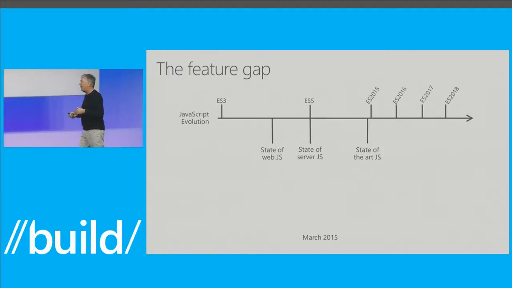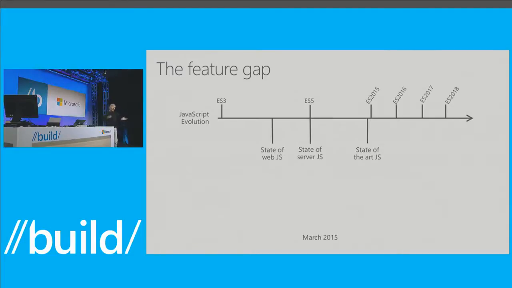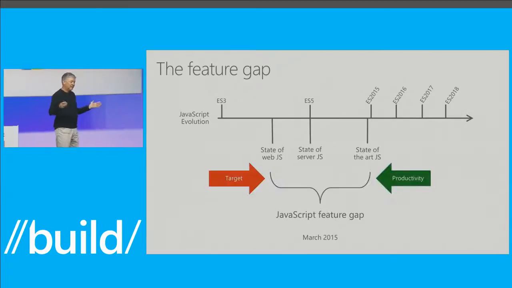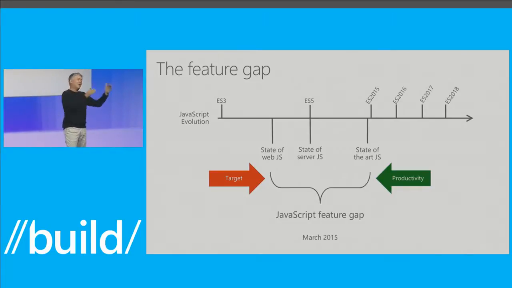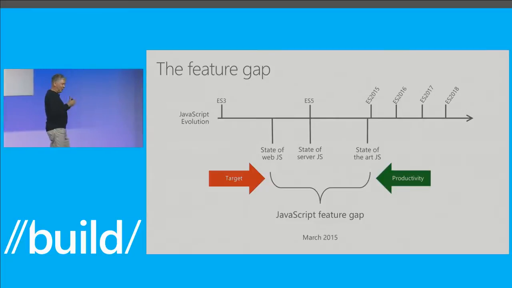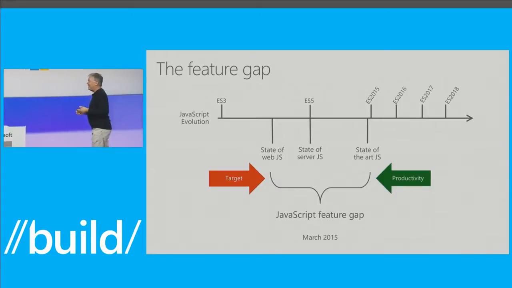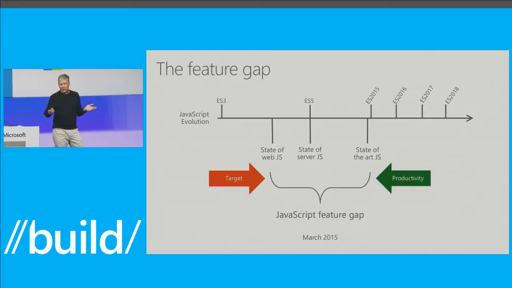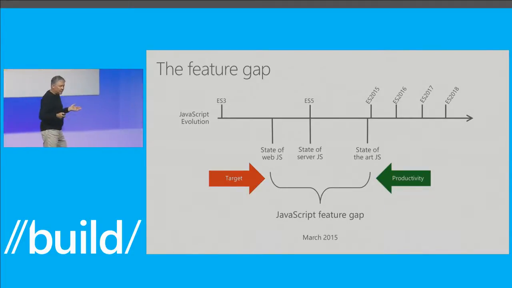And on the web in the wild, well, it wasn't even clear that you could assume ECMAScript 5 at that time. So there's this gap of where you want to be as a developer, but where the target that you actually have to run on is at. And because JavaScript is extremely heterogeneous, you got to target possibly down-level Android phones that never get updated, that run on old versions of JavaScript.